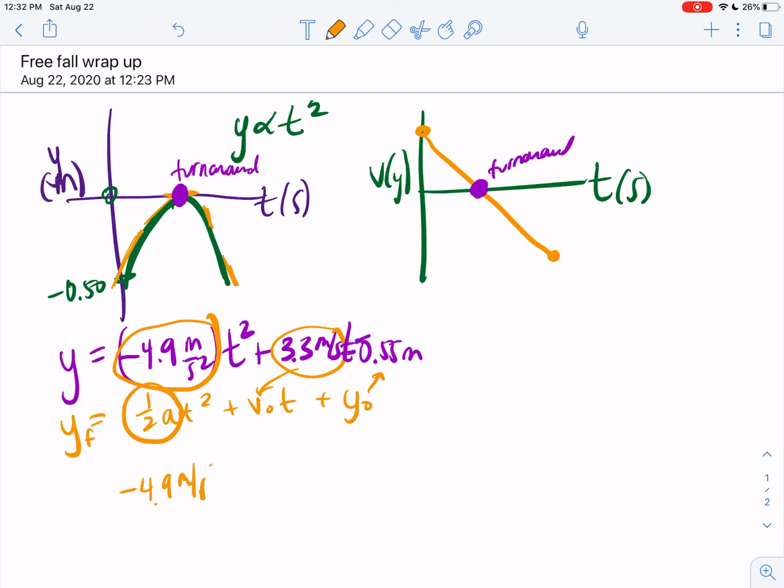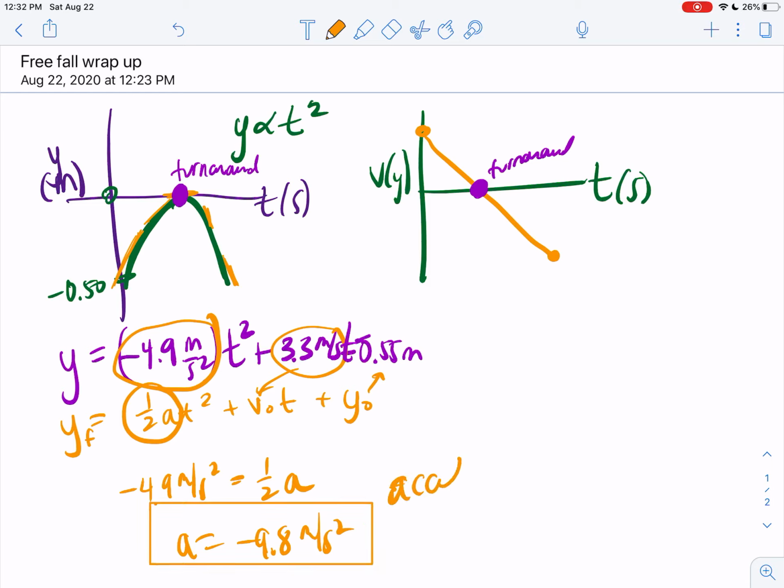You need to make sure you understand that when you use the equation of a position graph, the constant in front of the squared term is 1/2 of the acceleration. So actually the acceleration is going to be -9.8 meters per second squared, which you may recognize from freshman physics as the acceleration due to gravity on the Earth.